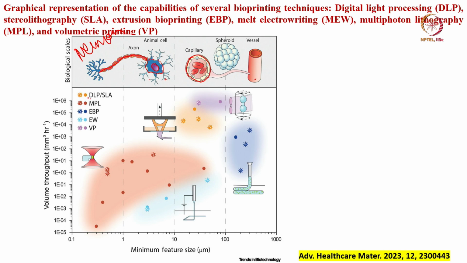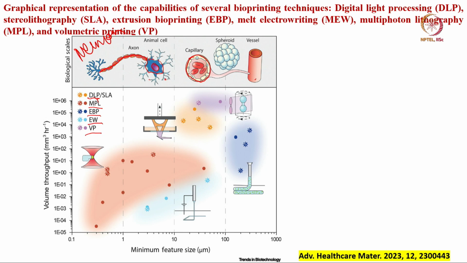One can be DLP, digital light processing, or stereolithography. One is melt electrowriting, MEW, or MPL, the multiphoton lithography. Then you have extrusion bioprinting, and then you have volumetric printing.